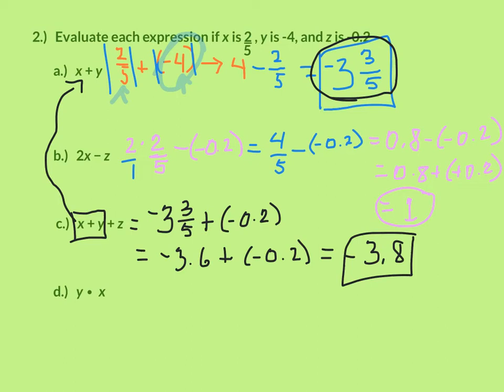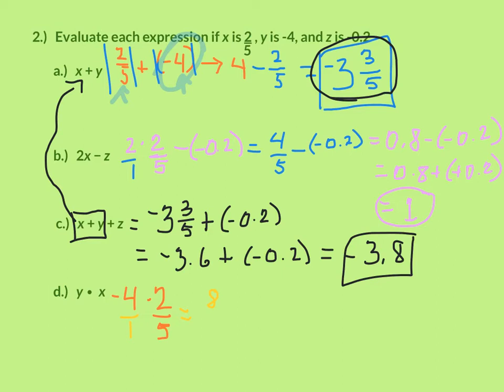And now I've got y times x. So y is negative 4 times x is 2/5. Oh, this is so fun. Okay, so easy peasy. I put this right over 1, and then I get to keep the top with the top and the bottom with the bottom. So that's 4 times 2, of course, is 8.